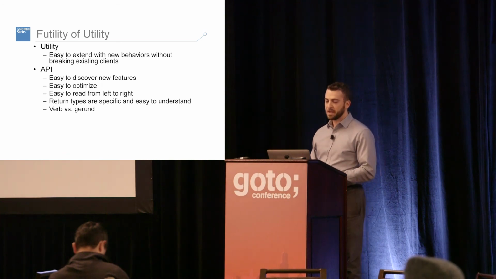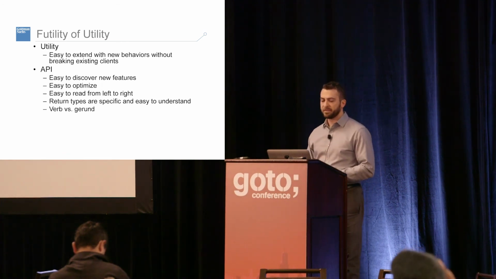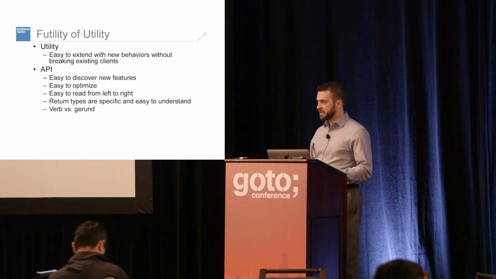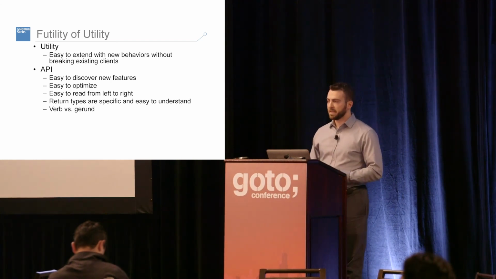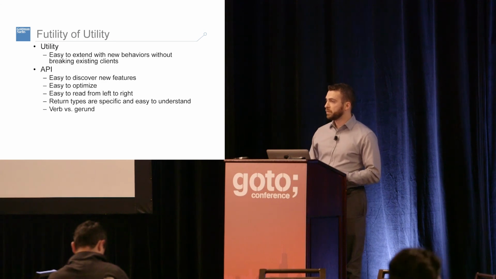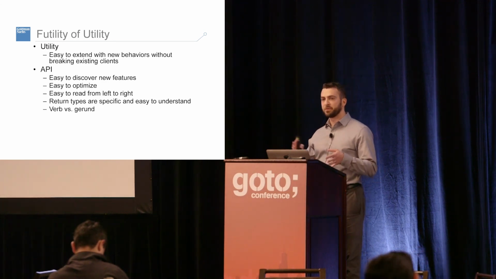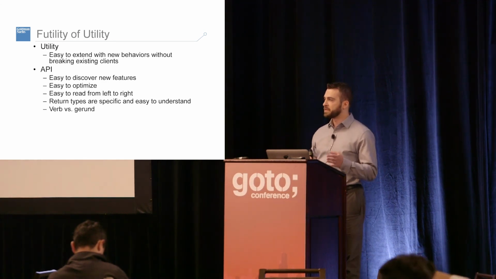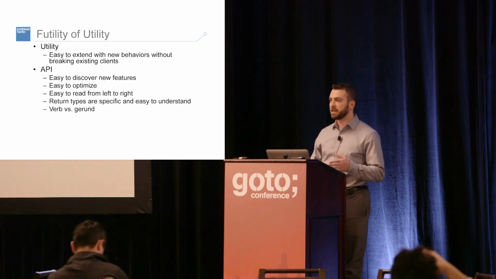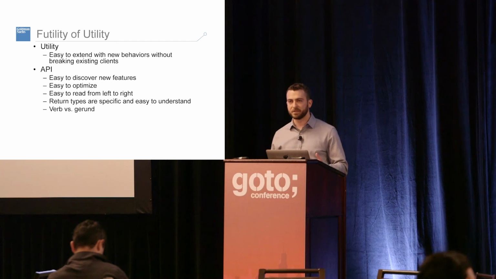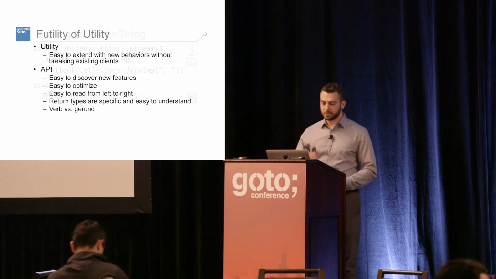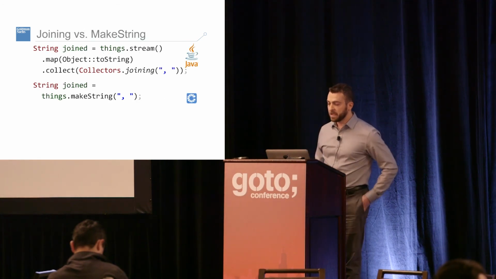It's kind of obvious. But static utility is a little bit harder to find. It's harder to optimize since the data doesn't live with the behavior. It can be harder to read. Whenever you come across the collect pattern, you have to read the collector before you understand what it's doing, so it doesn't read as naturally left-right. That's an aesthetic value, but when I go through the code examples, you can decide for yourself what you think is more readable.